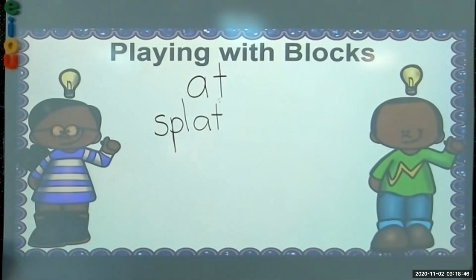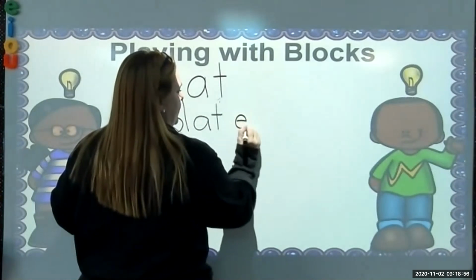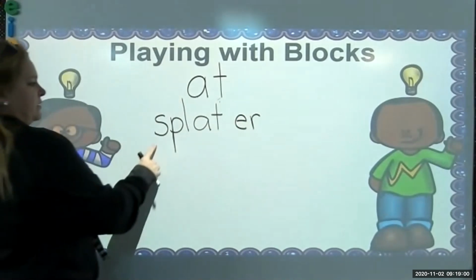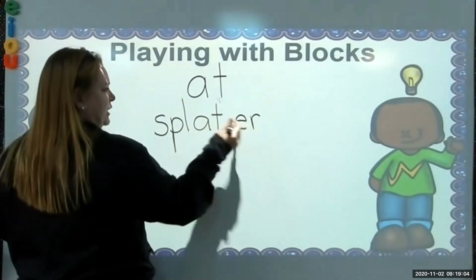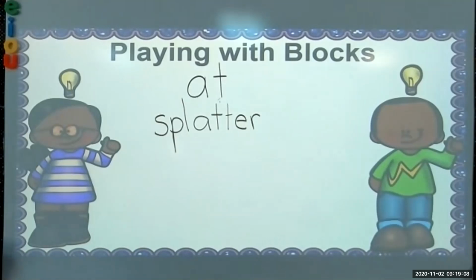The word is splat. Good. So now I want to add to the end of that word. I want to add the sound er. So what's my new word? Splatter. And we have to add that double T there. Splatter. Very good.